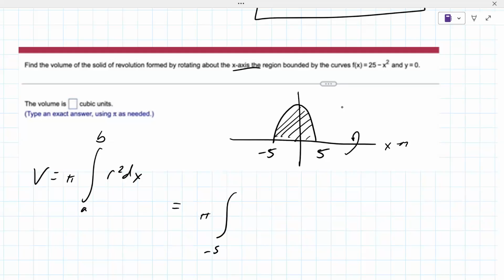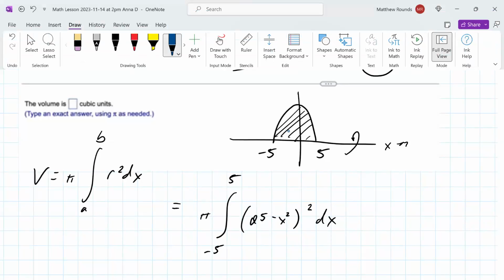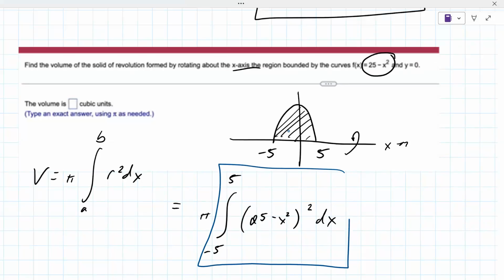Your a to b is -5 to 5. This is your radius function, 25 minus x squared dx. So this part in blue is what you would put into your calculator. So polynomials, your calculator can always do polynomials, which is what this is here.